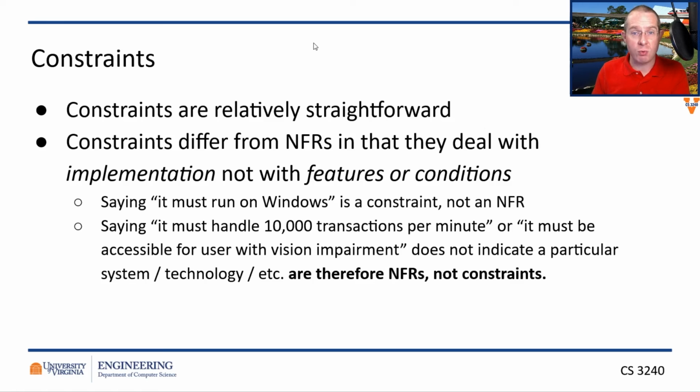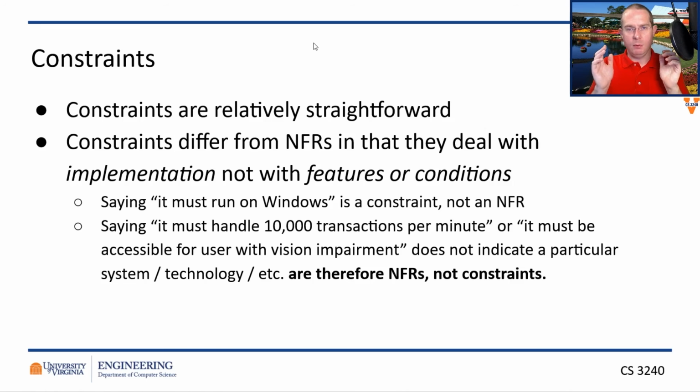So a constraint is you need to build it in a particular language. A constraint limits your solution space, saying you must use this library, you must use this operating system, you must use this programming language, whatever it might be, okay?